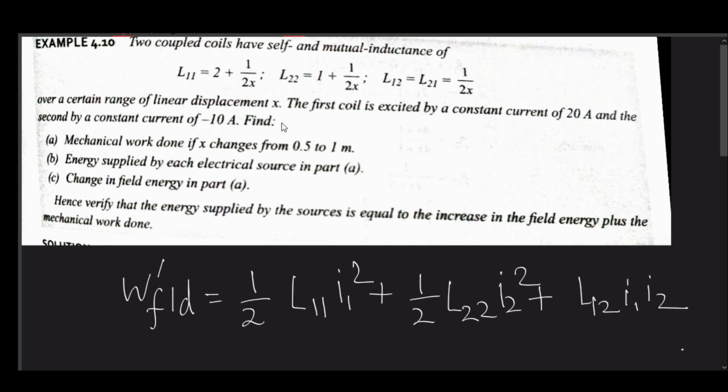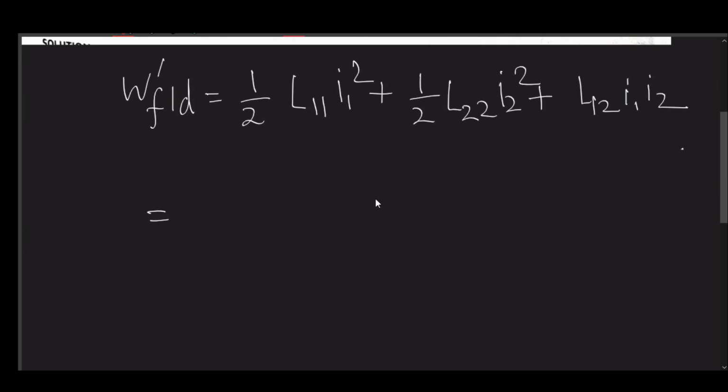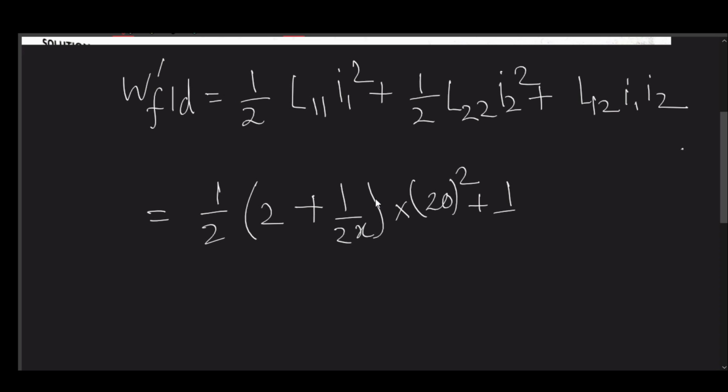Now initially we do not know what x is, but keeping x in, we can put the expression of current here and we will get the expression like half into 2 plus 1 by 2x into 20 square plus half into 1 plus 1 by 2x into 10 square, sorry, minus 10 square or 10 square, it is quite okay.